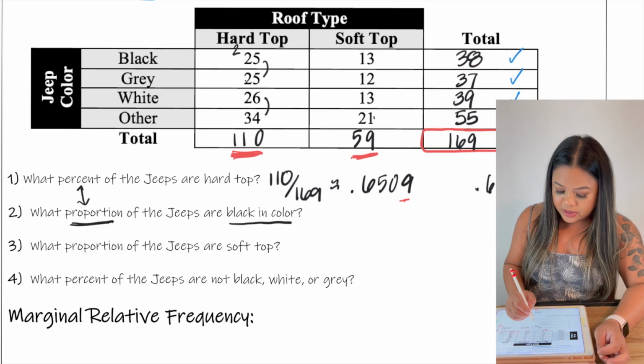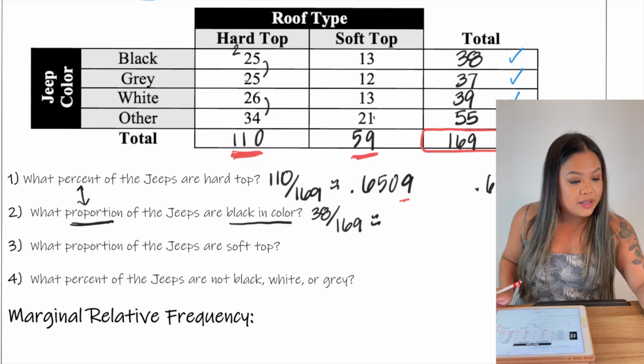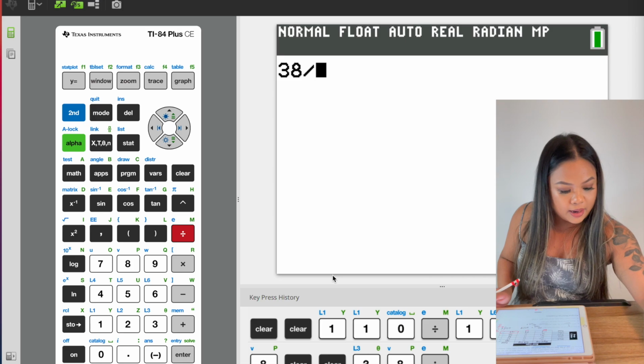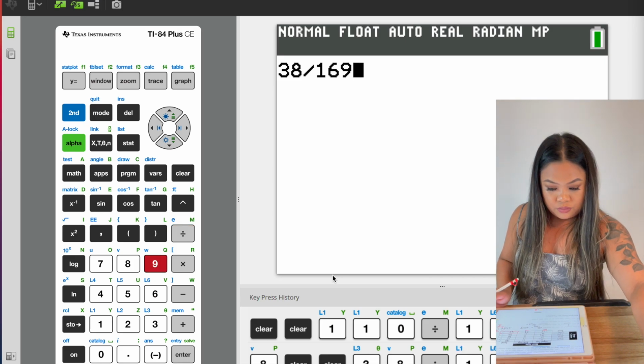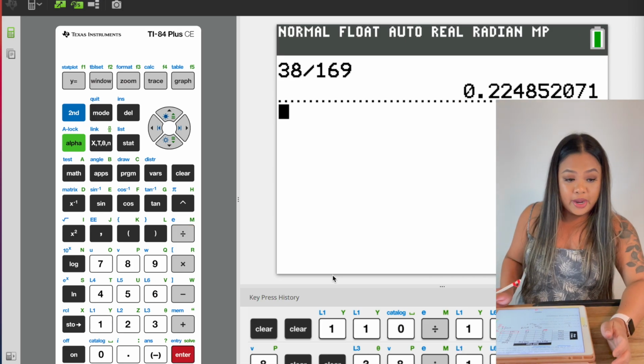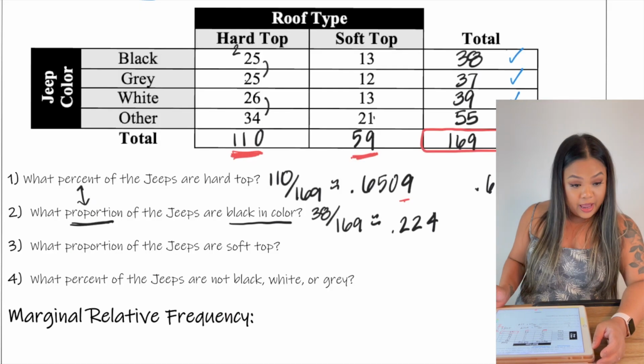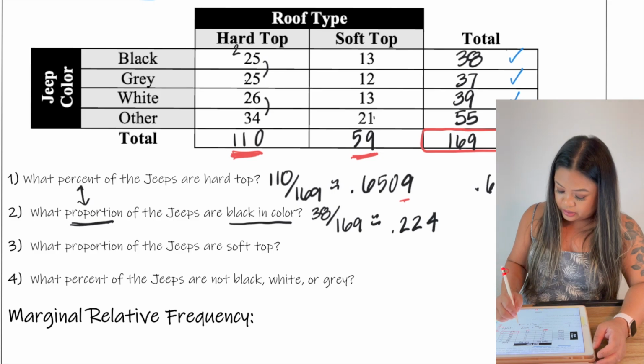So that's going to be 38 divided by 169. Plug that into our handy dandy calculator. 38 divided by 169, and that gives you 0.224, and the 5 will turn the 8 into a 9.